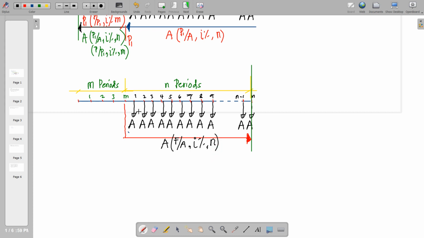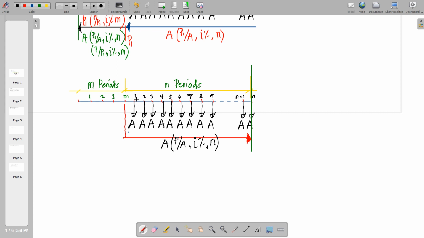What is essential here, as I have said, is that we need to go one period before the first payment, because this will be treated as an ordinary annuity, and in an ordinary annuity the payment occurs at the end of the period. So you need a 0 period for the first period.